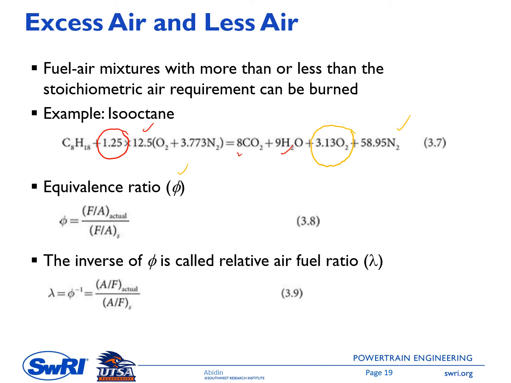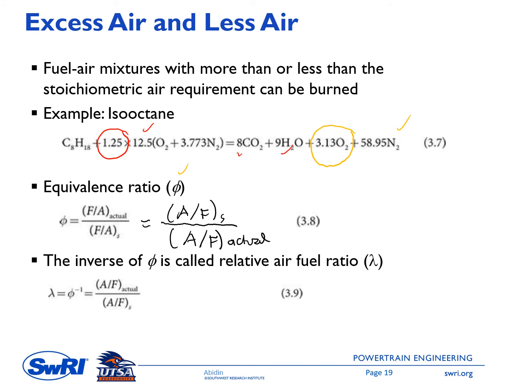So phi is the ratio between the actual fuel air ratio to the stoichiometric fuel air ratio. You can also write it as the air fuel ratio stoichiometric over air fuel ratio actual. Same thing.